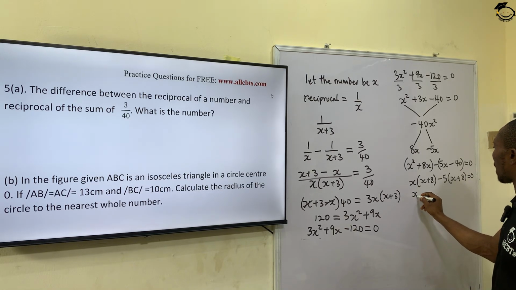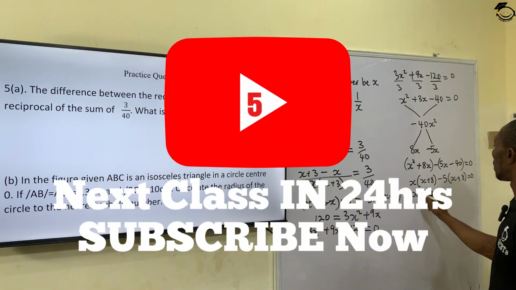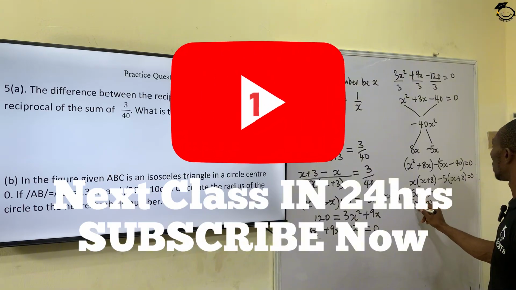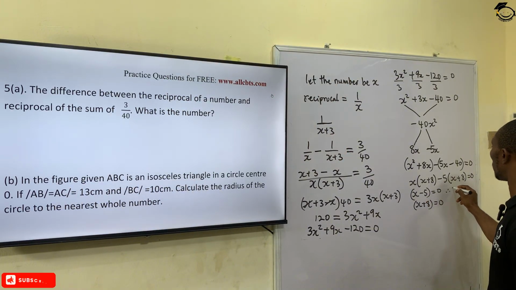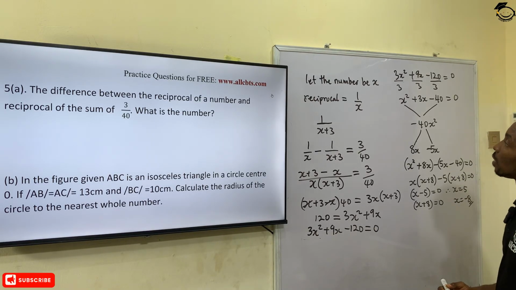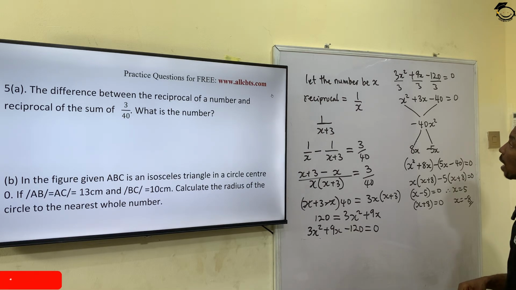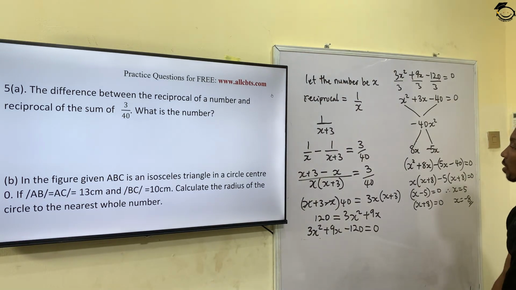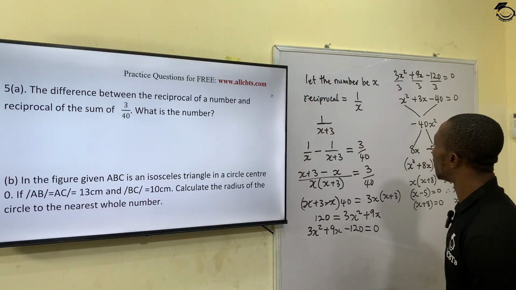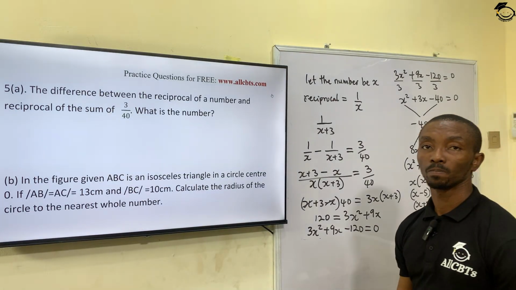So here we have x minus 5 equals 0, x plus 8 equals 0. So therefore, x equals 5 and x equals minus 8. Now, since we are looking for our value of x, it is most likely going to be 5 or minus 8.